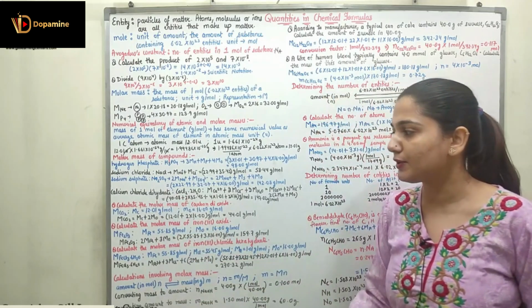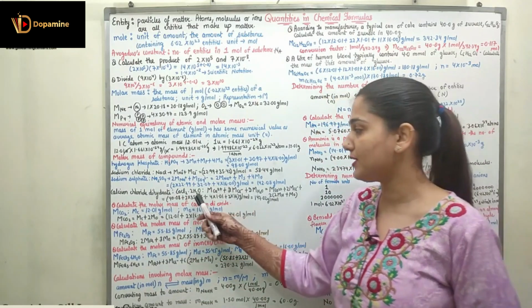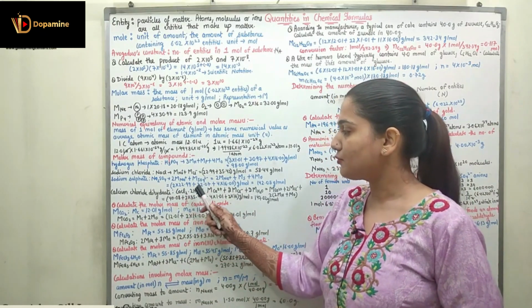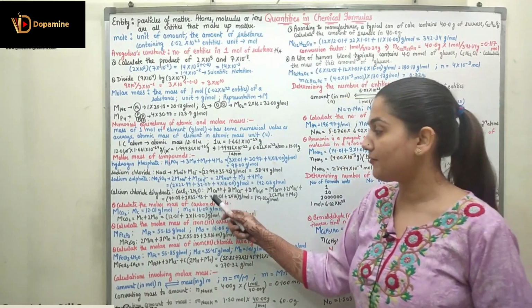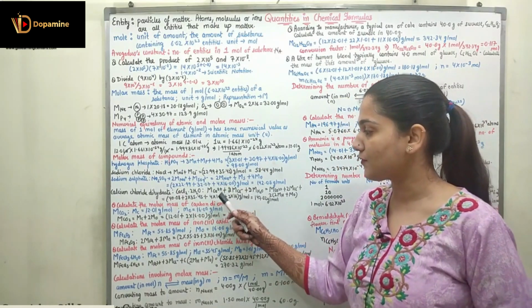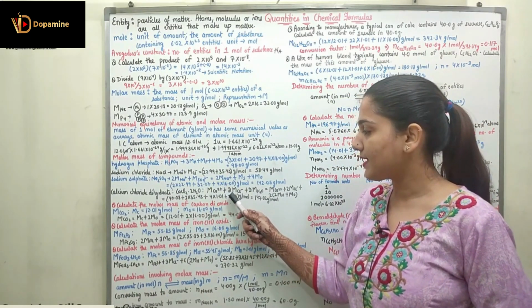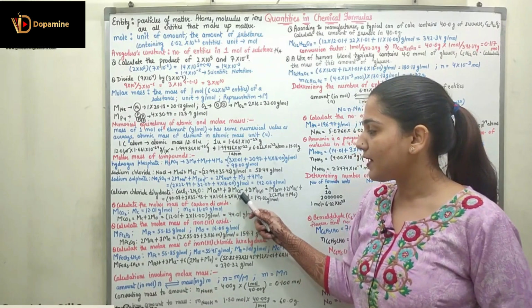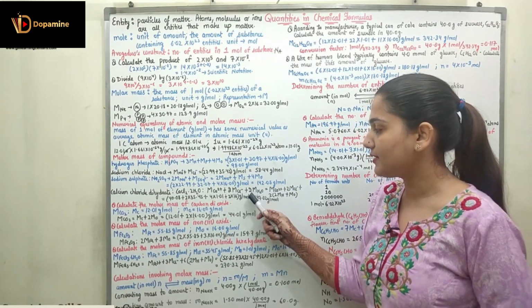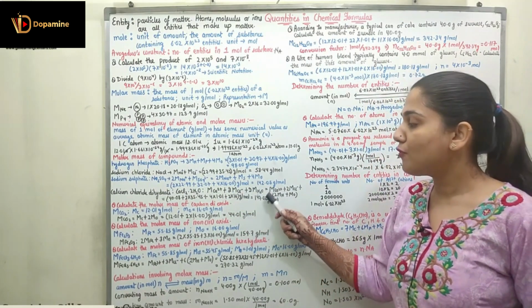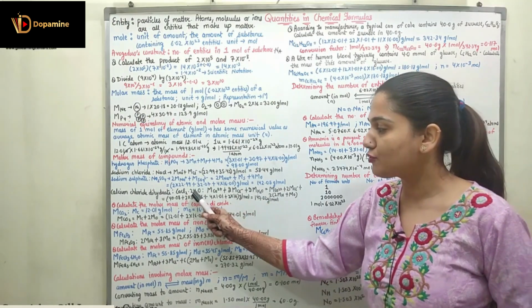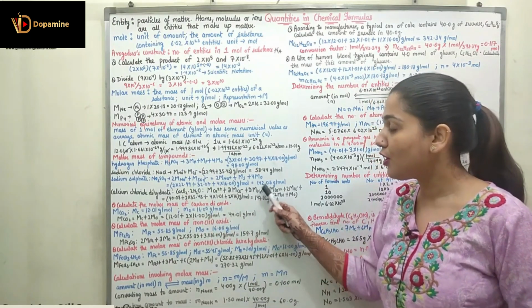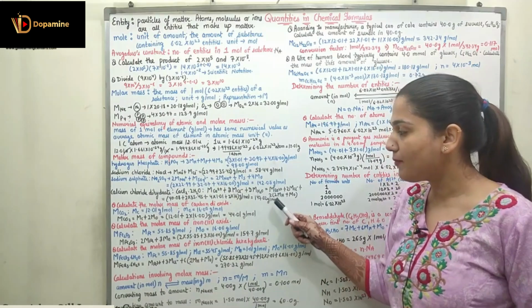Coming to calcium chloride dihydrate, first of all we are going to see its formula. It's CaCl2.2H2O. So here we have the calcium ion. The molar mass of Ca2+ is added with twice the molar mass of chloride ion, which is added with twice the molar mass of H2O, because we have two molecules of H2O. How can we write it?